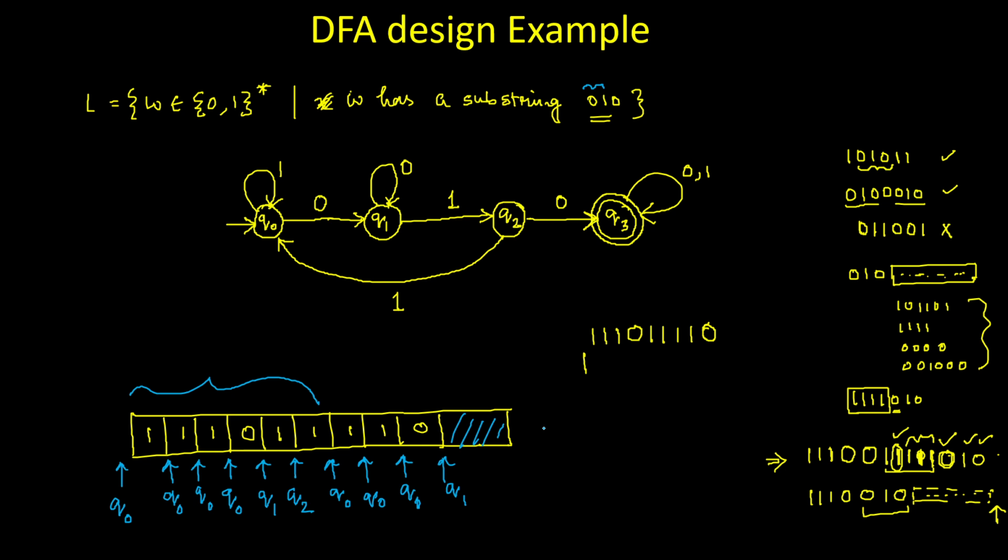So the machine will stop, and when it stops, it will check what is the current state. The current state of the machine is Q1, which is, I'm sorry, basically not a final state. That means this particular string will not get accepted.